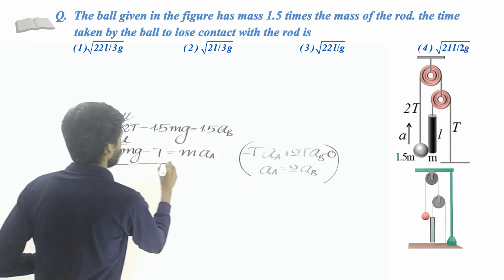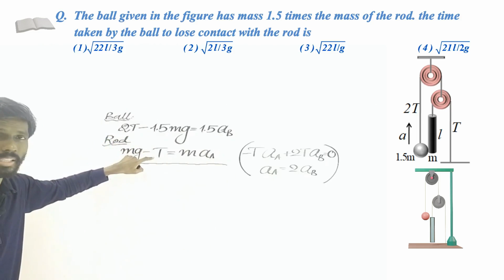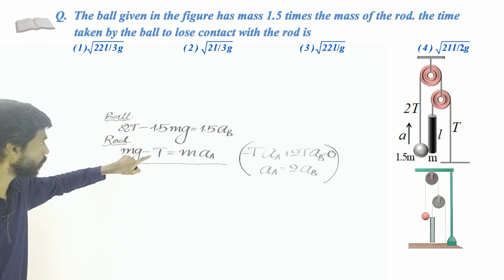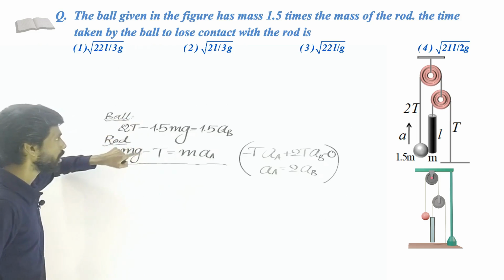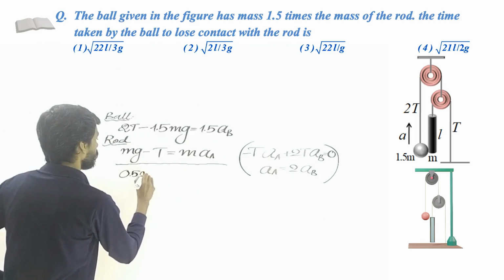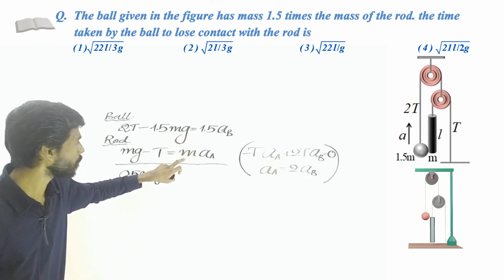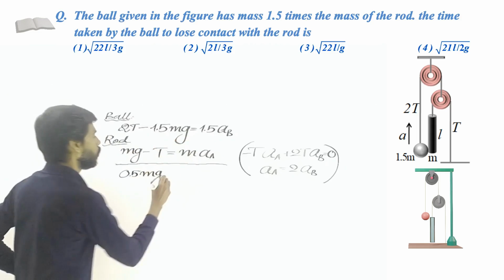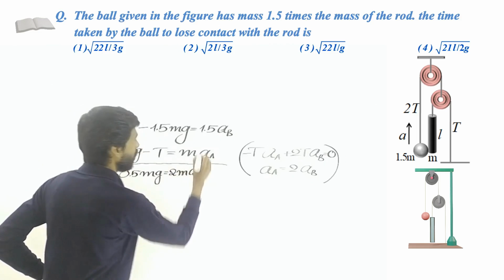So how will you solve these two equations? Let's eliminate tension. We multiply this equation by 2 and then add. If you do that, the 2T will get cancelled. Multiply this by 2. So 2 mg minus 1.5 mg, which means 0.5 mg. I'm directly writing. Here, this is multiplied by 2, so that is 2m times the acceleration of A, and that is added.